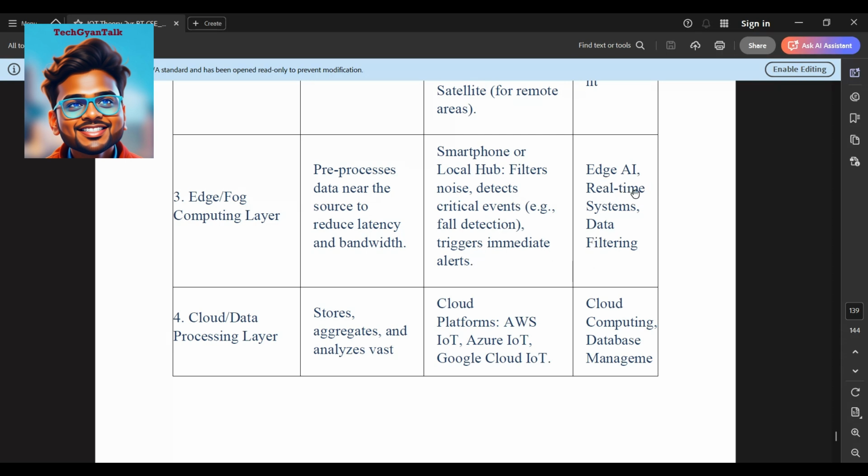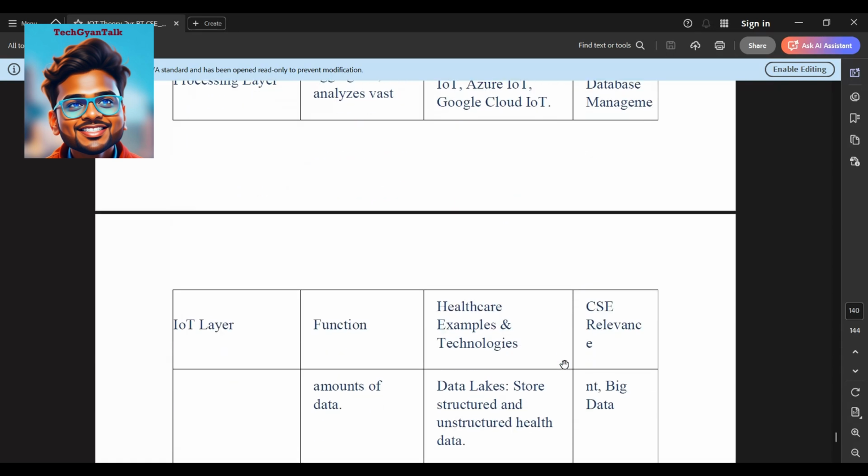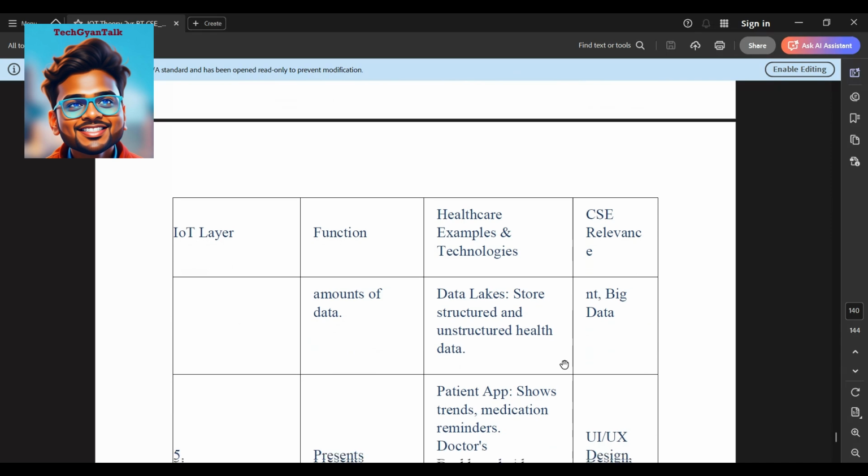Relevant areas are Edge AI, real-time systems, and data filtering. Then the cloud data processing layer stores, aggregates, and analyzes vast data on cloud platforms like AWS IoT, Azure IoT, and Google Cloud IoT, involving cloud computing and database management.